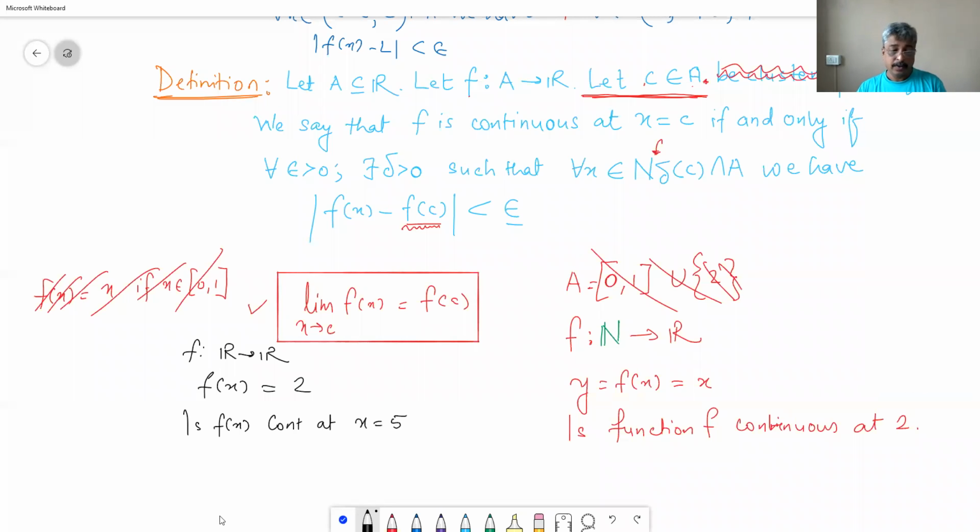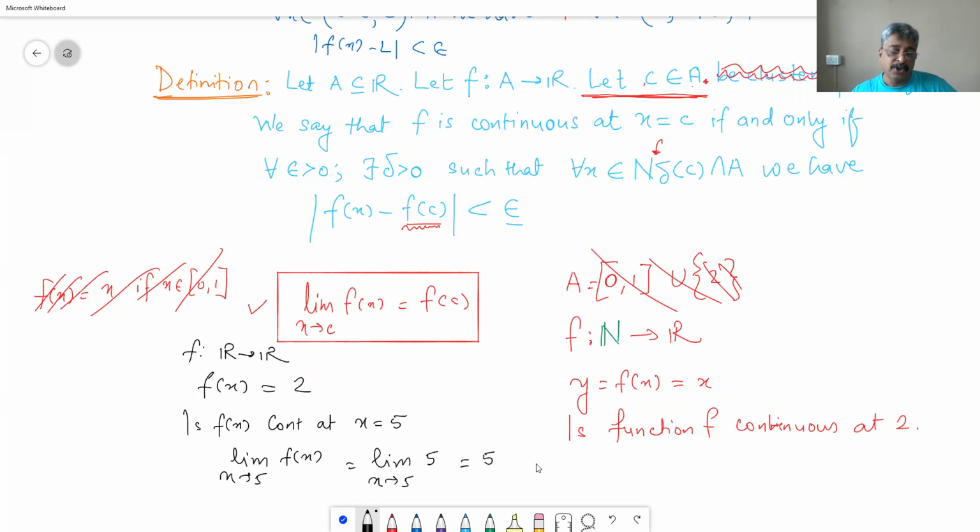Yes. Why? The reason is that the limit of f of x as x tends to 5 is equal to the limit of the constant as x tends to 5, which is the same constant. So left hand limit, right hand limit, done.